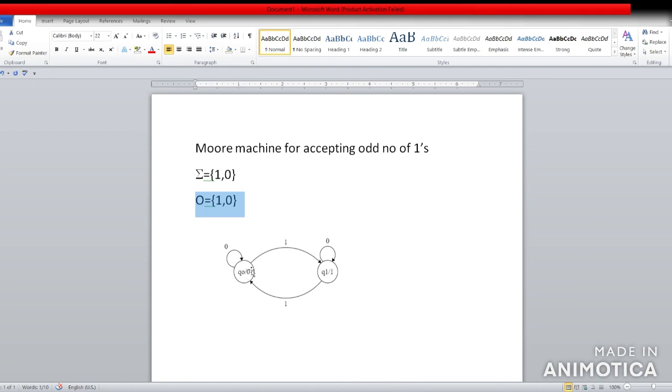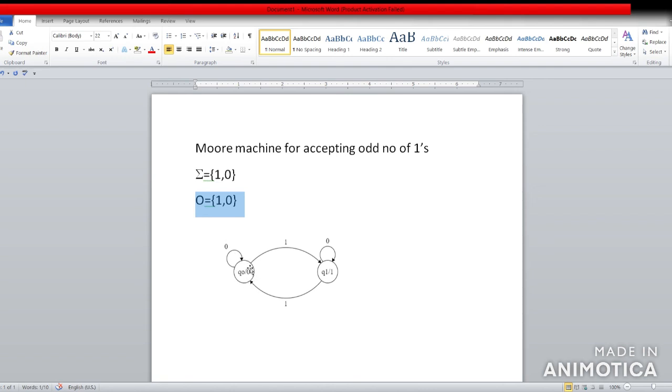When machine is in Q0, it accepts any number of zeros, and when machine is in Q0 it is in the state of even number of ones. So initially there is no 1, meaning even number of ones, so that's why it gives the output 0.